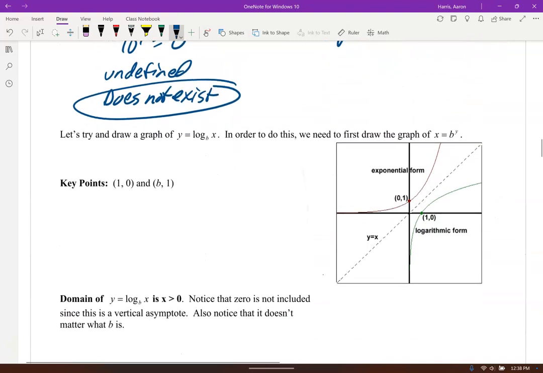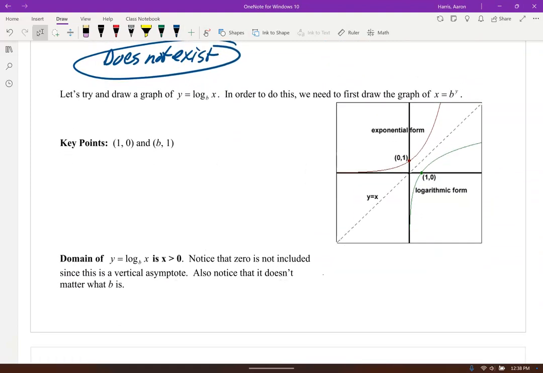All right, let's get into some graphing now. Let's go to 2 to the x for a minute. You remember our exponential 2 to the x. It had the point 0, 1. This is kind of what that looked like.